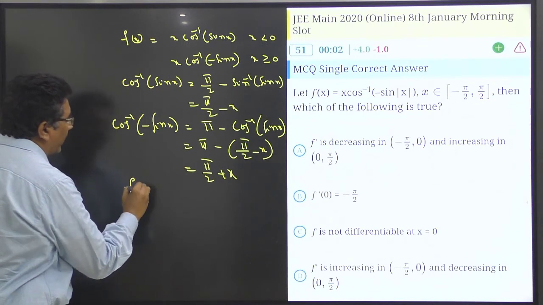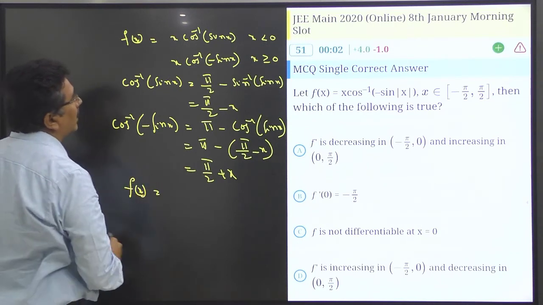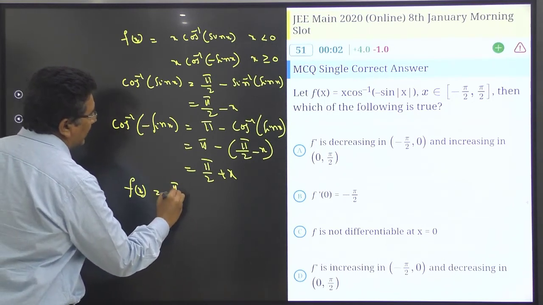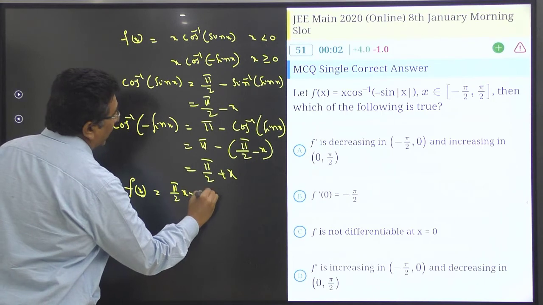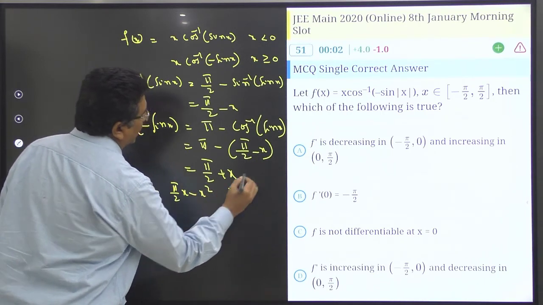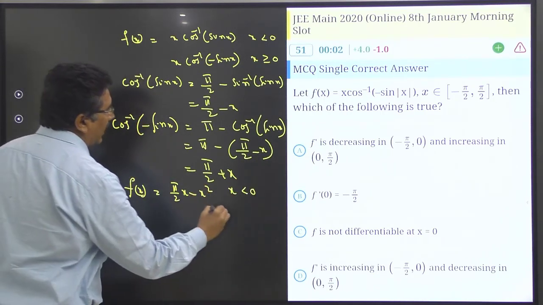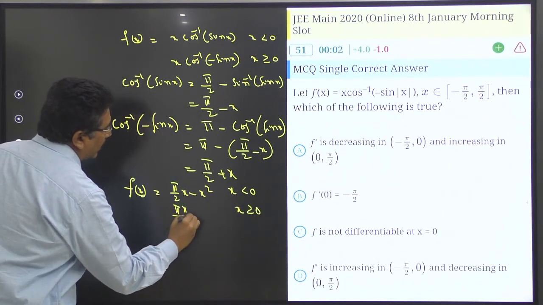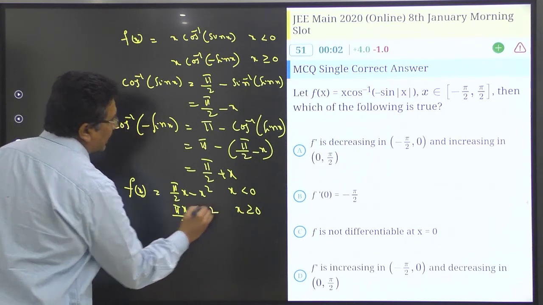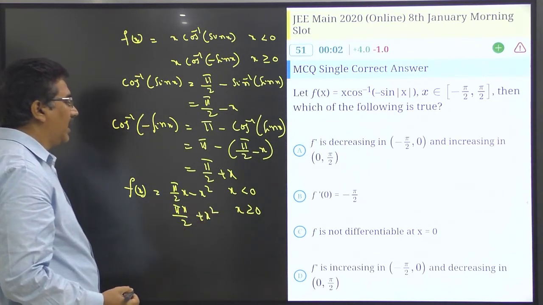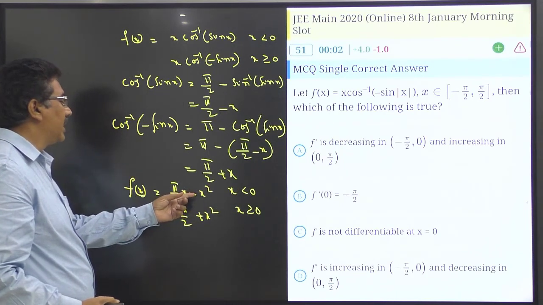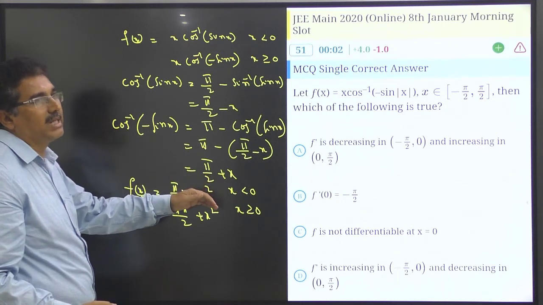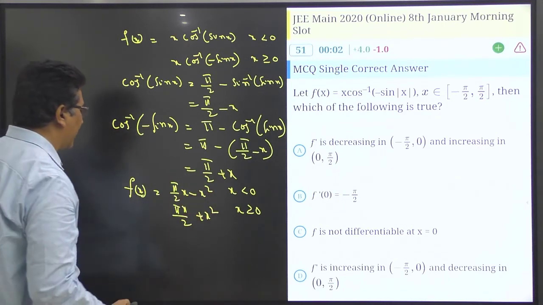Now f of x, that is x into cos inverse of sin x, is pi by 2 into x minus x square if x less than 0, and for x greater than or equal to 0, pi x by 2 plus x square. Right, now put x equal to 0, this is 0 and this is 0, so f of x is continuous at x equal to 0.